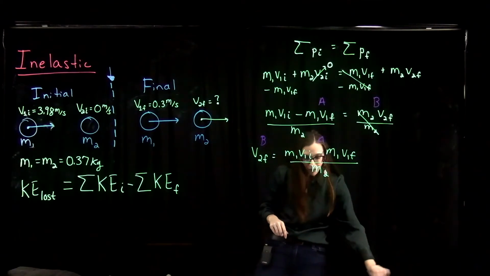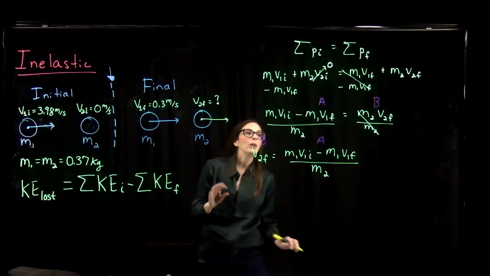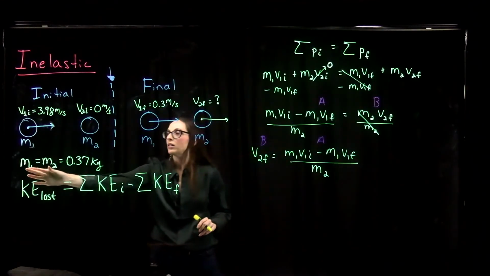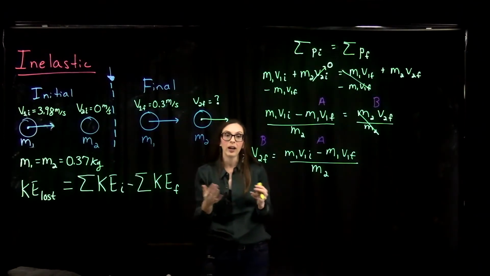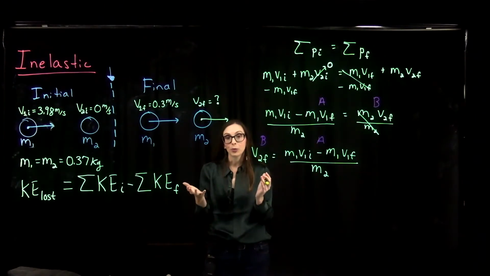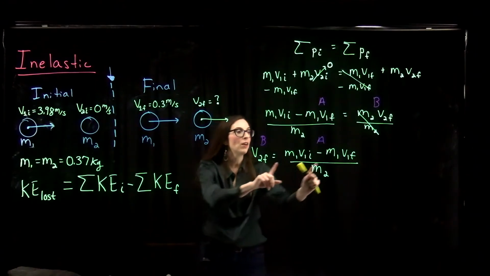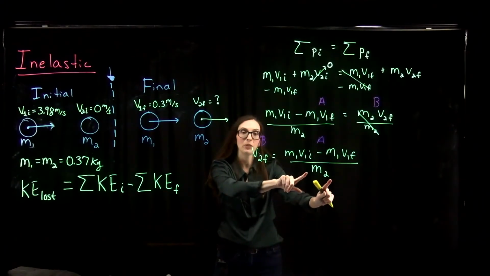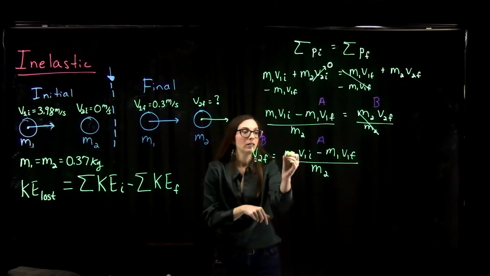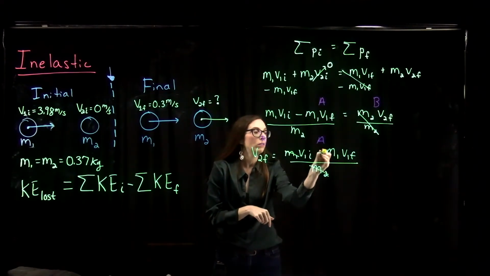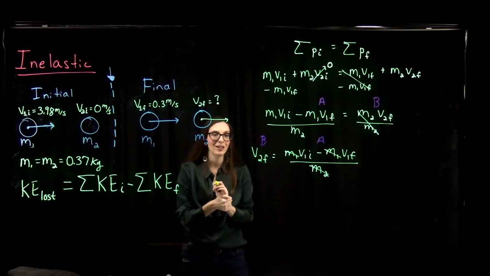Now, if I look back here, we said that the masses of both of my balls were the same. And since M1 is equal to M2, I'm dividing both of these terms by M2. So actually, I can cancel out all of those masses here.